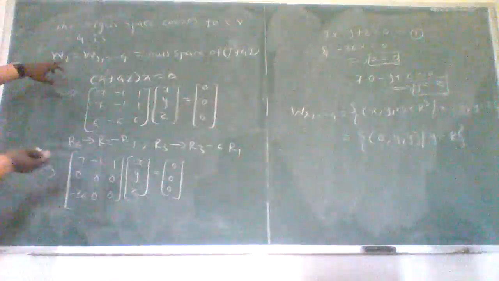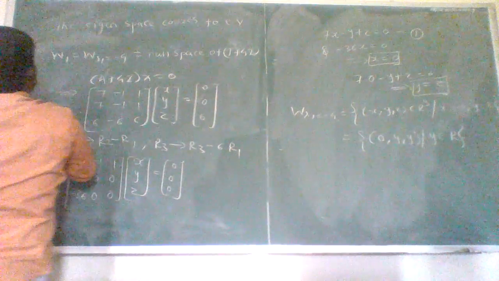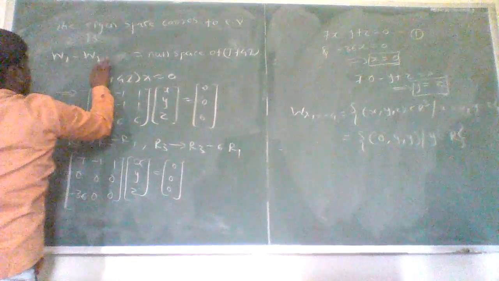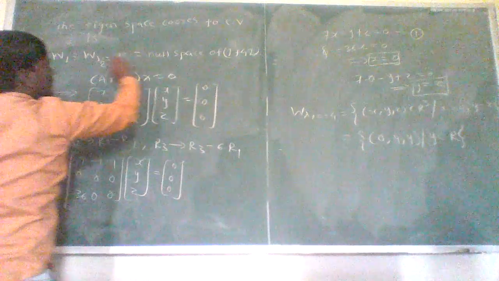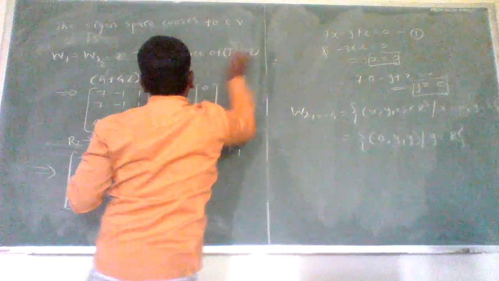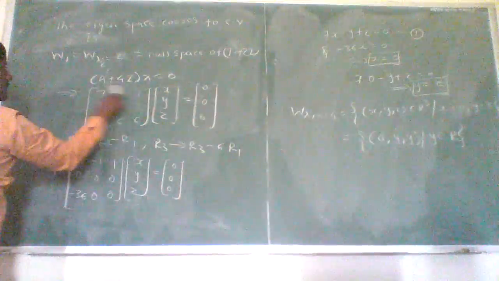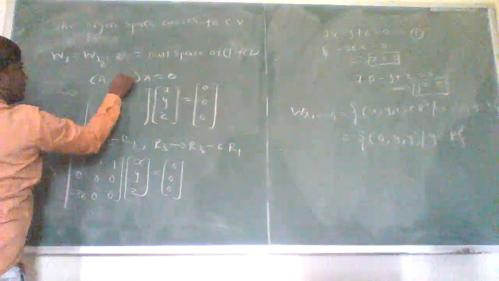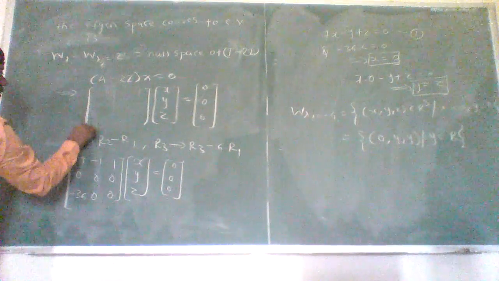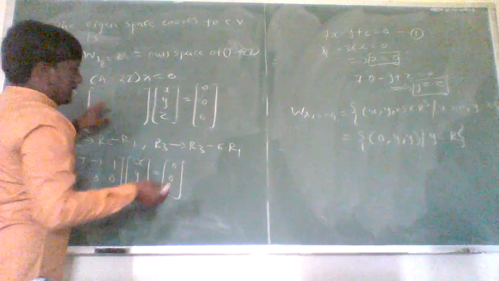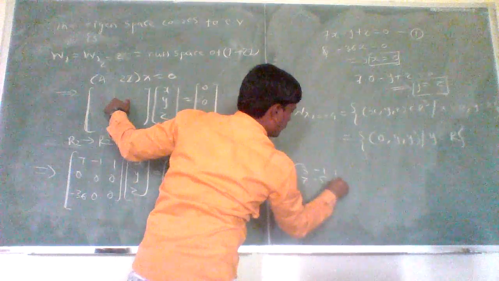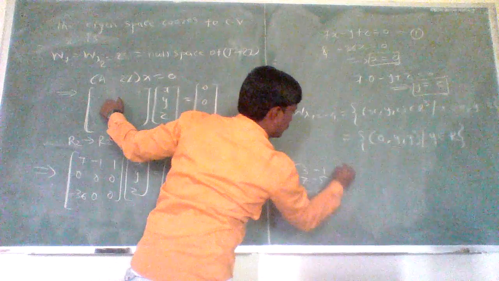So this one is the characteristic space associated with the characteristic value minus 4. Similarly, if we find out the characteristic space associated with the characteristic value 2, then here lambda 2 and here null space of T minus 2I, which is nothing but T minus 2 into I. Again take 3 minus 1 1, 7 minus 5 1, 6 minus 6 2.